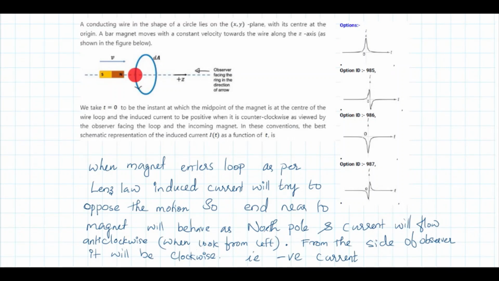In order to oppose the inward motion of the magnet, the nearby pole is a north pole. So this loop will behave like a magnet with north pole on this side.